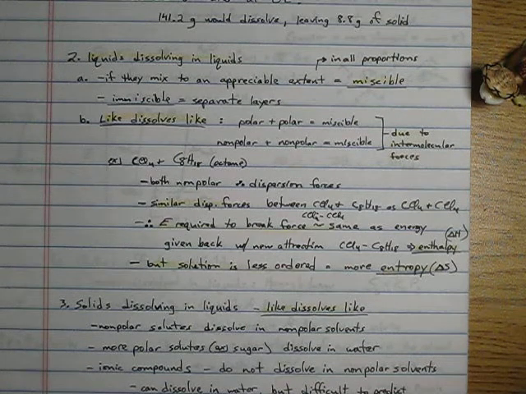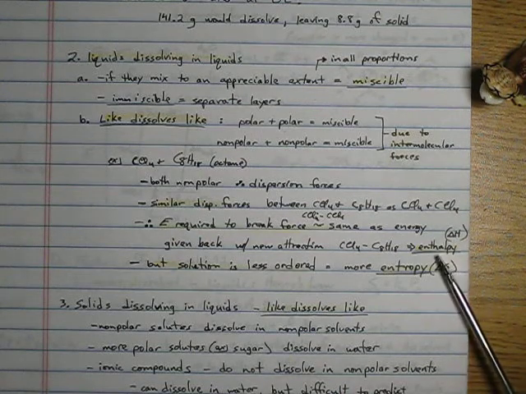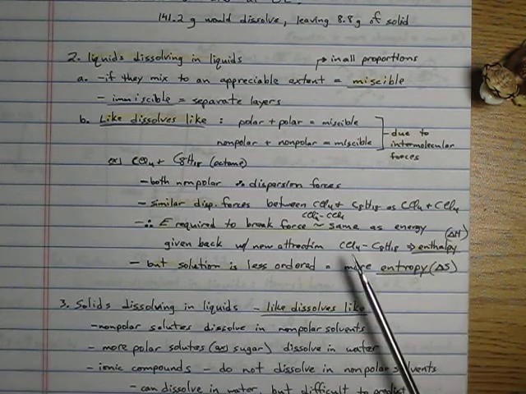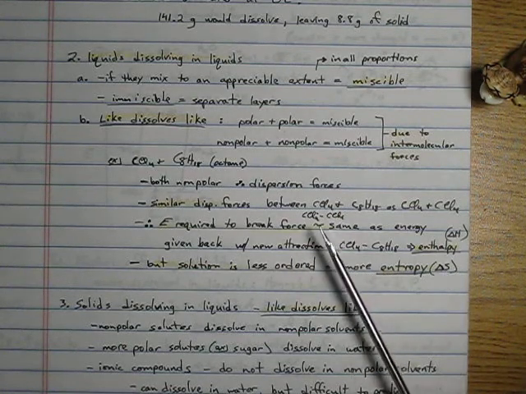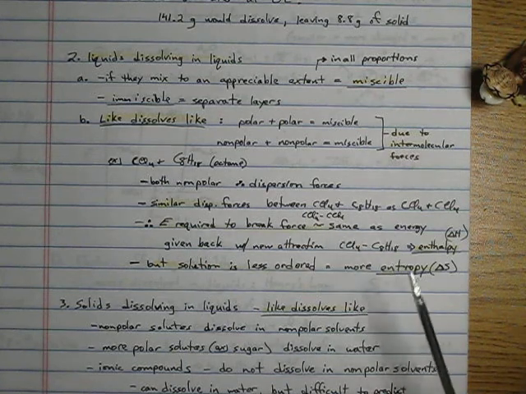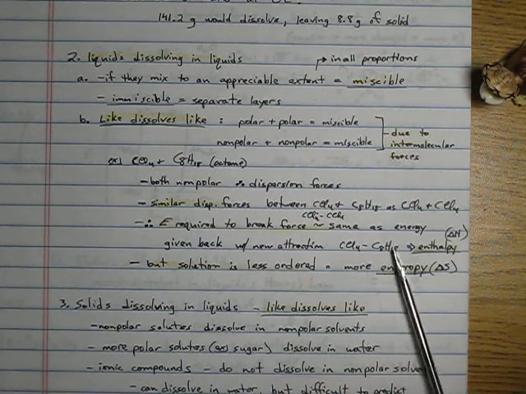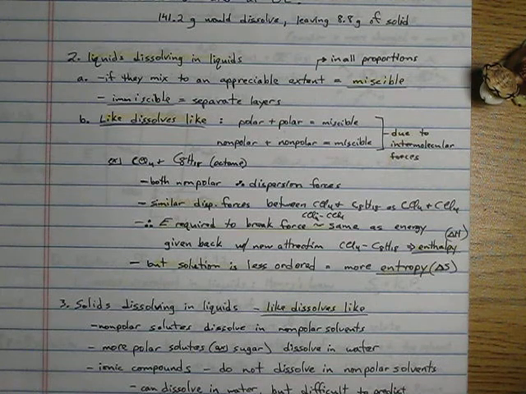The less ordered system is the way nature likes it, and so these two molecules are miscible with each other, will spread out evenly in each other due to entropy, because the delta H term, enthalpy, the heat and stability, is roughly the same for carbon tetrachloride attracted to carbon tetrachloride as for carbon tetrachloride attracted to octane. And so that's what we have with liquids dissolved in liquids.